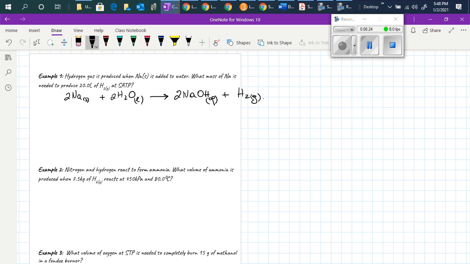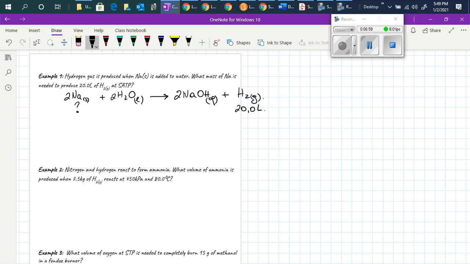Okay, what is given is 20 liters of hydrogen, and what we are looking for is the amount of sodium that is needed. Now, in the gravimetric stoich, what did we write below? We wrote the molar mass.